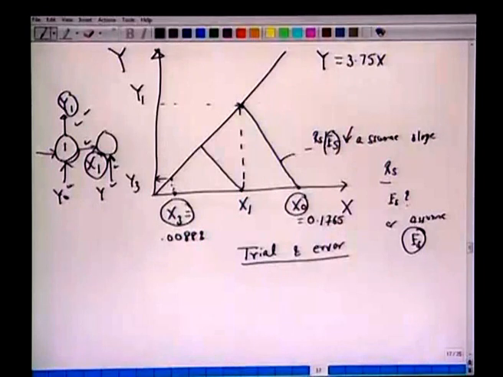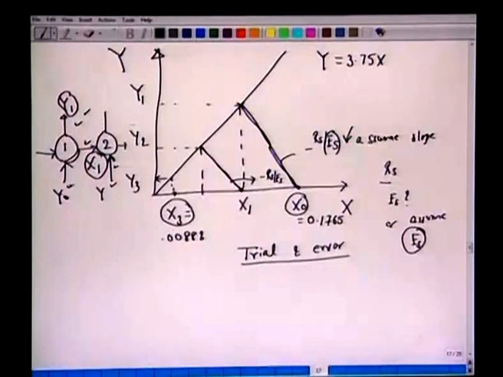Again we can take this slope here. Note that this line will be parallel to this one, because the flow rate of the solvent in stage 2 is the same as before. So this slope will also be minus Rs by Es. Now we reach here; the coordinates of this point would be y2 and x2.